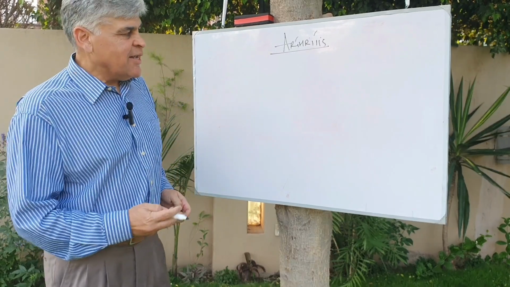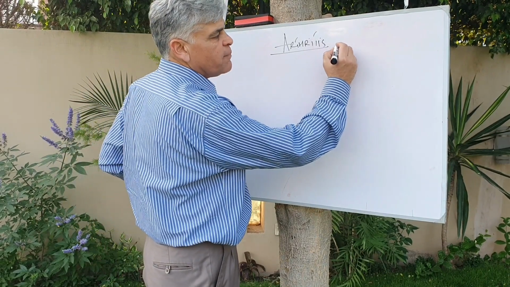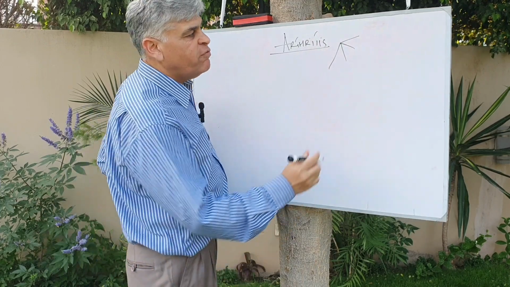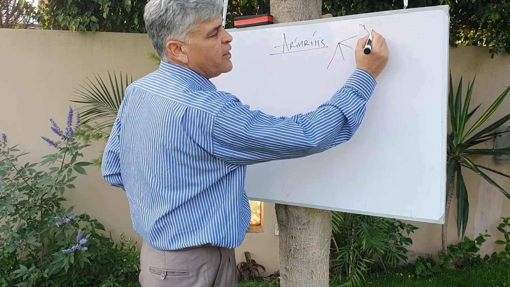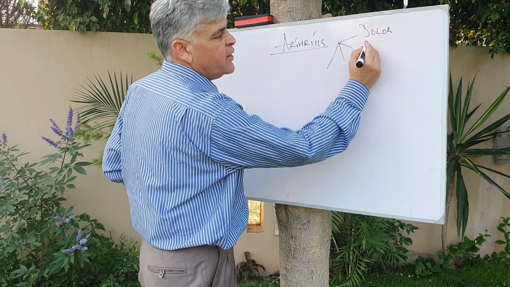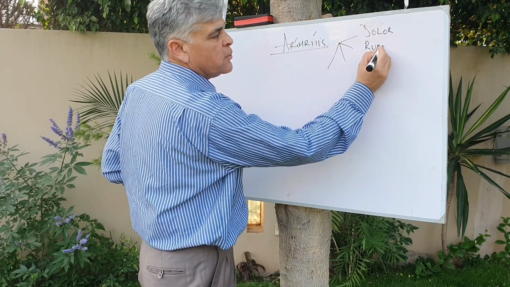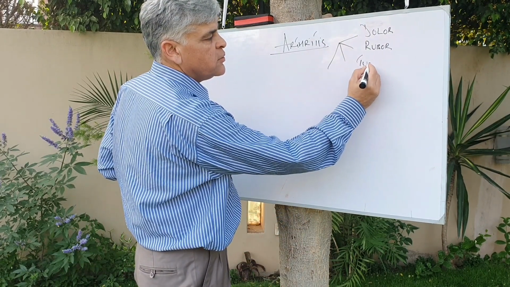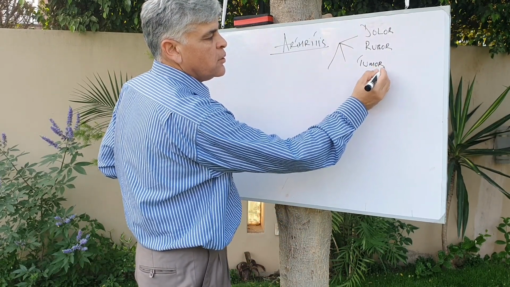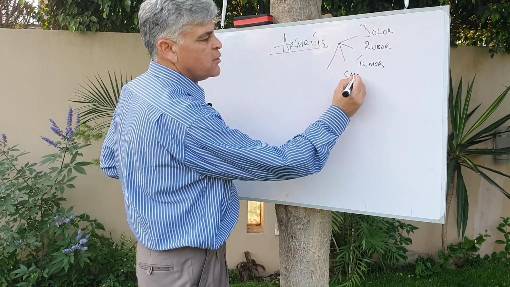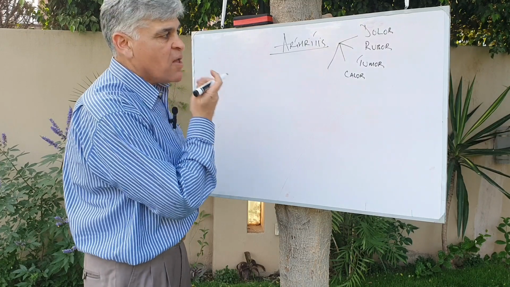So arthritis basically means that there are four things which are being fulfilled. One of them is dolor. Second is rubor. Third is tumor, and lastly is calor.